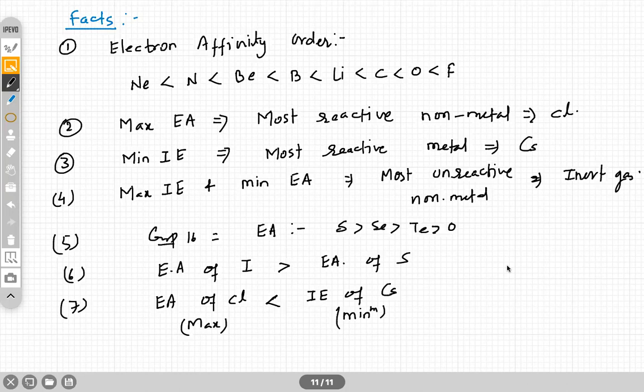So F minus is more stable than Cl minus, the conjugate base. By the way, the answer is opposite actually. I have discussed this example in the class, maybe you don't remember.